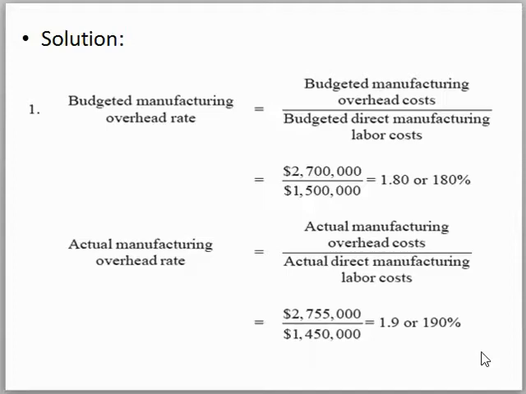The actual manufacturing overhead rate equals actual manufacturing overhead costs divided by the actual base, which is the direct manufacturing labor cost, 2,755,000 divided by 1,450,000, equals 1.9 or 190%.